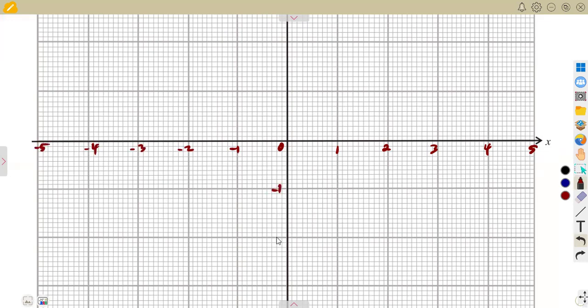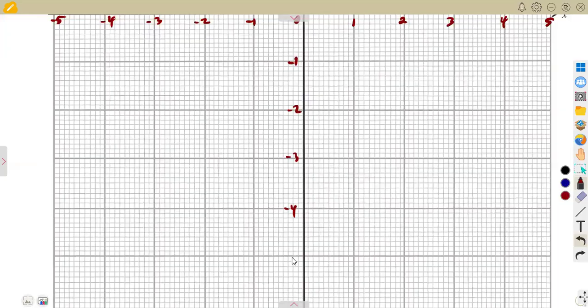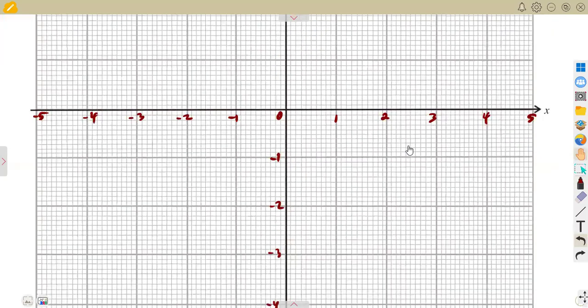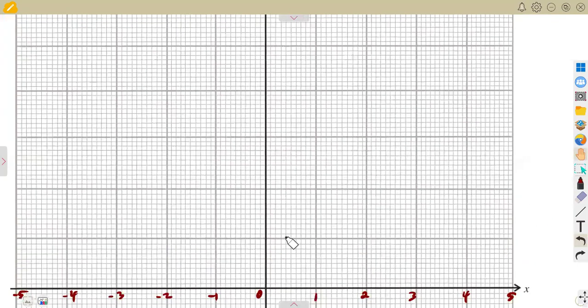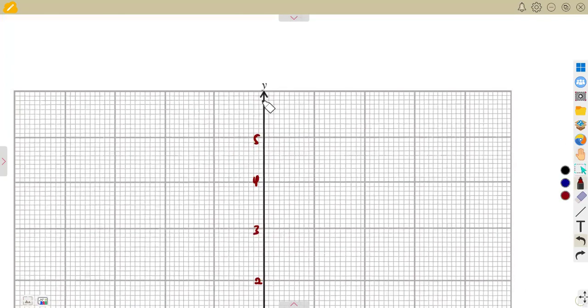So that's -1, -2, -3, and so on, -4, -5, and also you're going to need -6. So make sure that you use the Cartesian plane according to the scale that you're given. All right, 1, 2, 3, 4, 5, and we have got a 6 there. So this is what you're given.